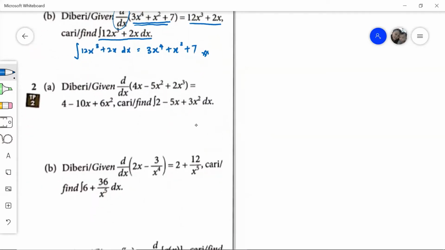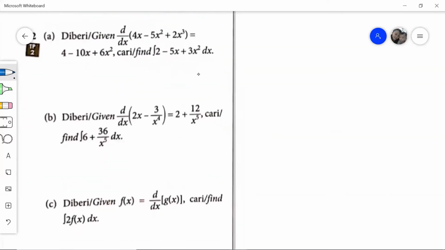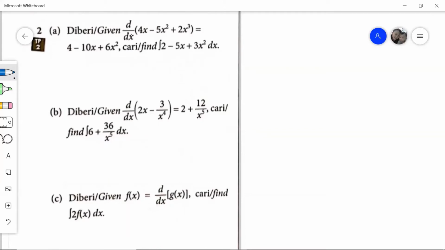Now, for question number 2, part A, given that the differentiation of 4x minus 5x squared plus 2x cubed equals to this, we need to find the integration. Same thing, since the information given is in terms of differentiation, but the question asks about integration, let's change it from differentiation to integration.